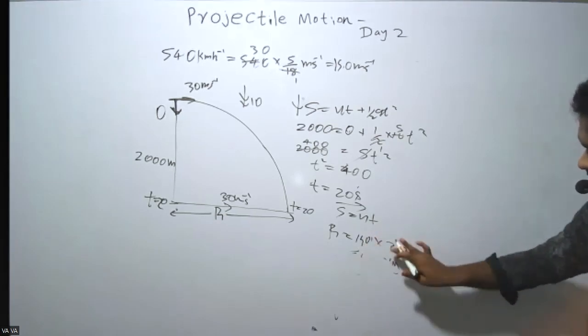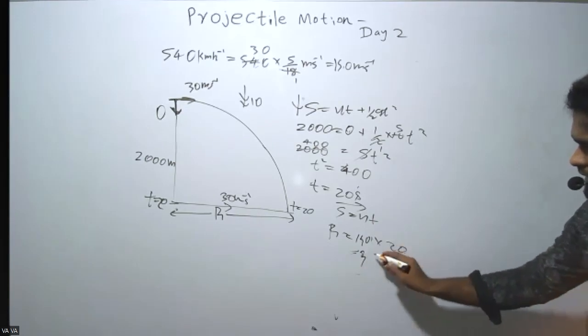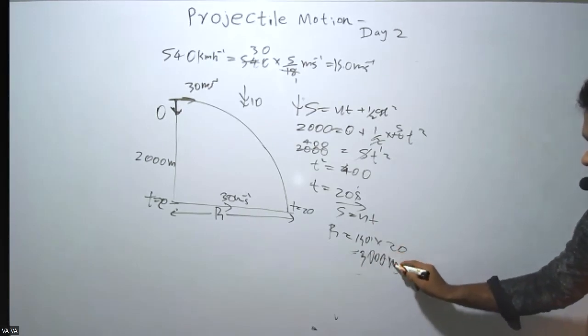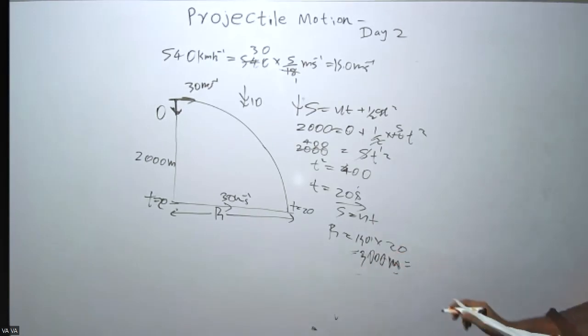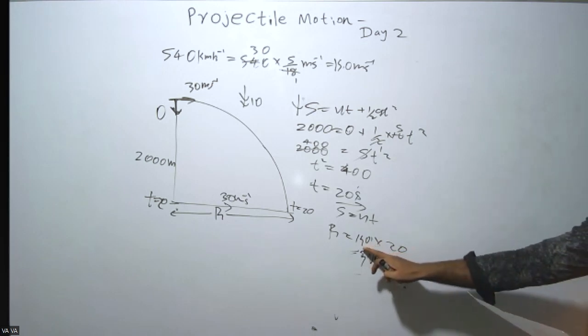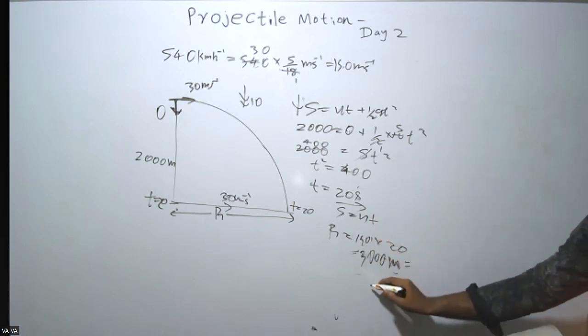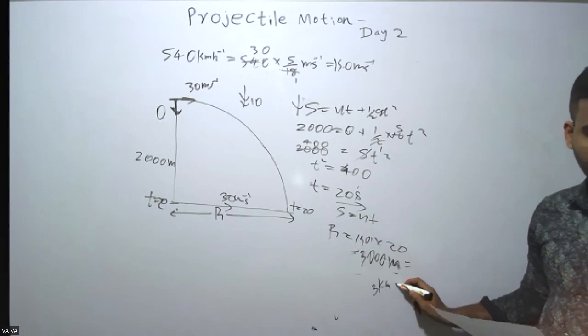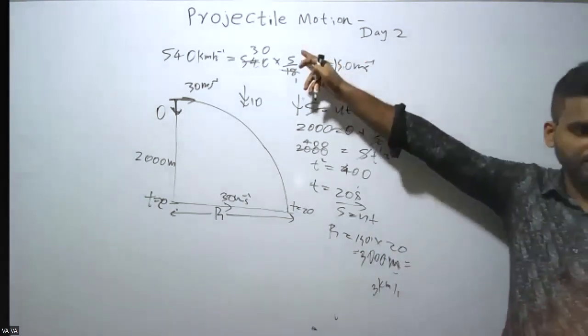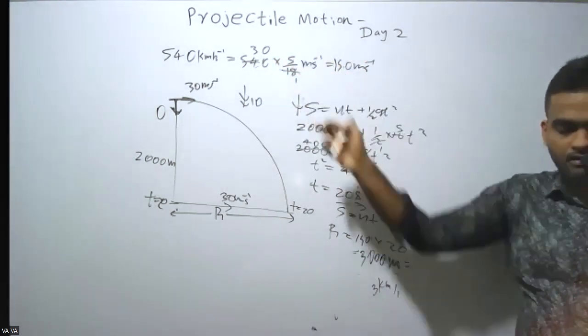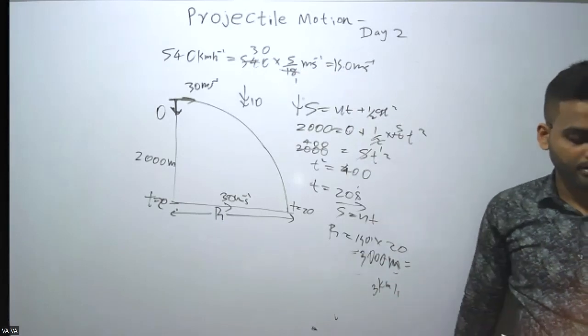So 150 times 2 is 300. So it becomes 3000 meters. Yeah, 3000 meters. 150 times 20. So it is 3 kilometers, right? Yeah, that simplification was somewhat off. That should be 3 kilometers.